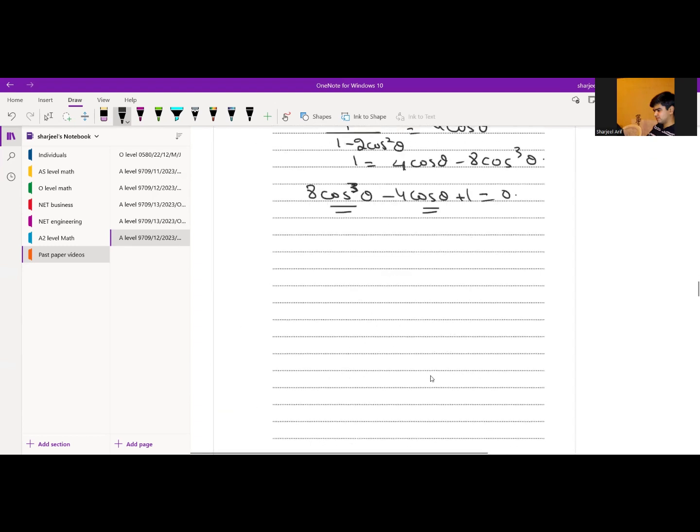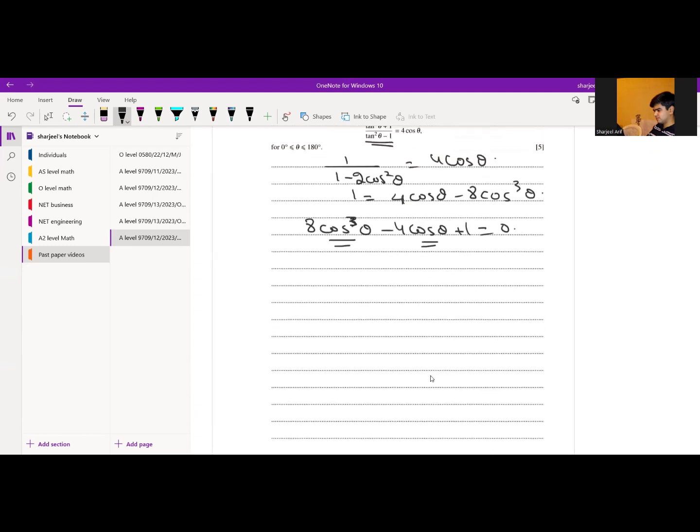So we can replace this equation with 2 cos theta minus 1 into 4 cos square theta plus 2 cos theta minus 1. Remember, in AS maths, we cannot expand a cubic equation because we have to use a polynomial method, which is part of A2, or a division method.